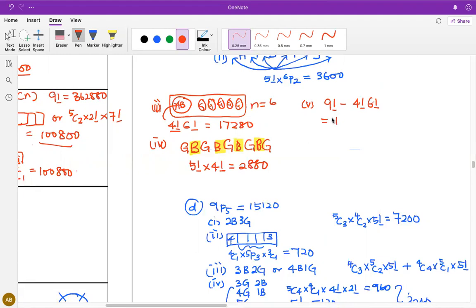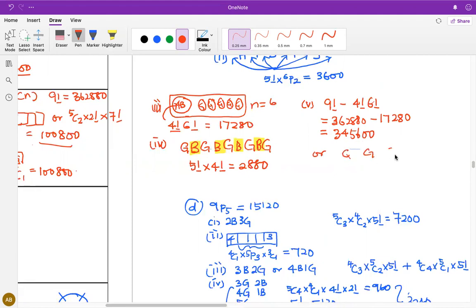So it is 362880 minus 17280. So you get 345600.